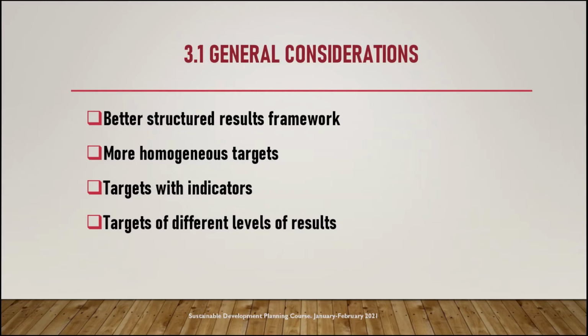As a general consideration, one can say that Agenda 2063, or its result framework, is better structured as compared to the Agenda 2030, which, as you know, has a broader scope of countries. The 2063 agenda is also more homogeneous in terms of targets.